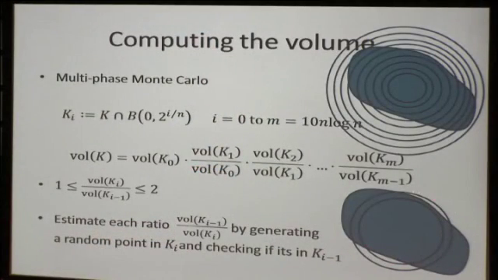So now we can estimate this ratio, provided we can generate a random point inside Ki. This is the outer body Ki, and the intersection of this inner ball gives you Ki minus 1. We generate a random point inside the outer body and see how many of them lie in the inner body.